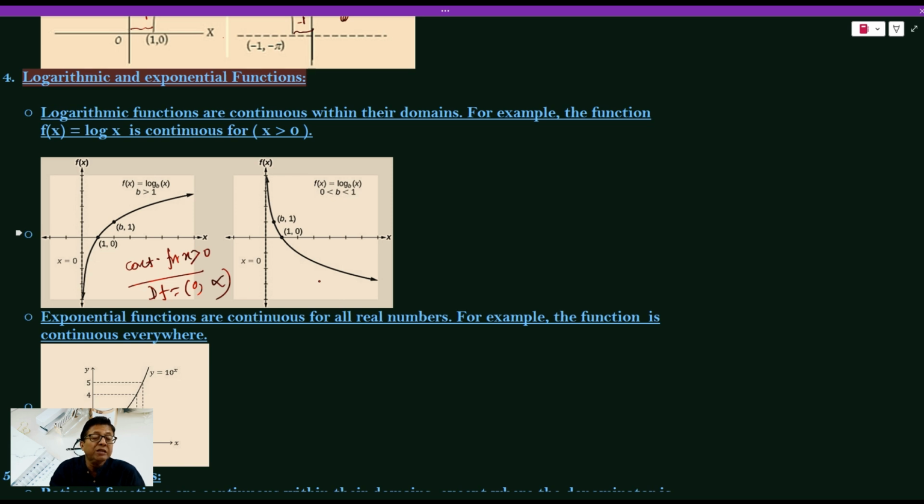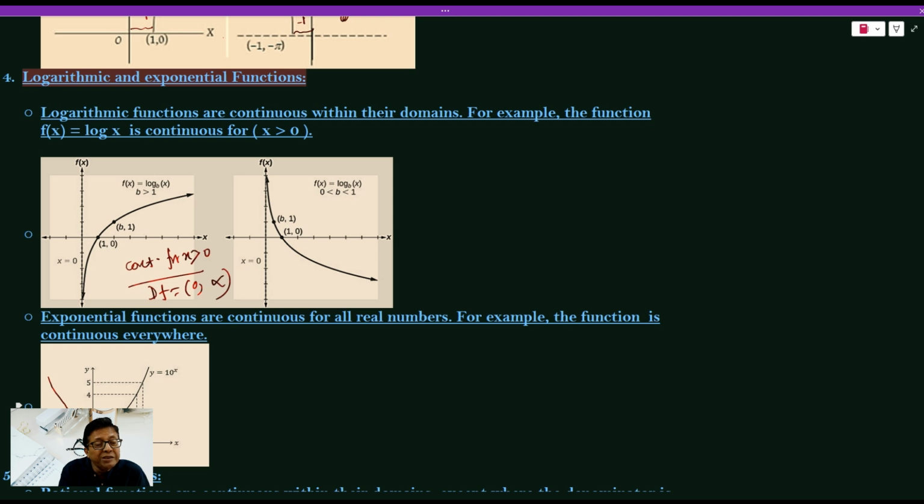Both the functions are continuous in the domain. Exponential function like y equal to 10 to the power x, 5 to the power x, whatever you take, e to the power x. If x is greater than 0, it is gradually increasing. These exponential functions may be decreasing also. The graph of the function may be like this also.